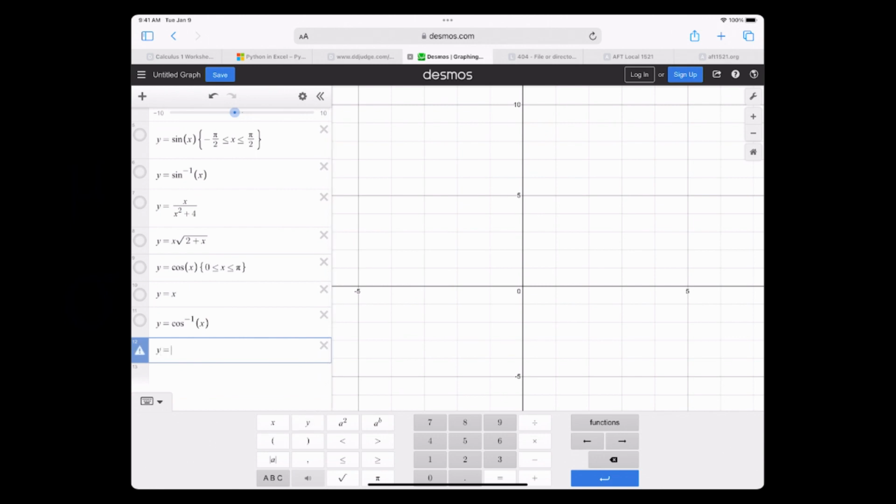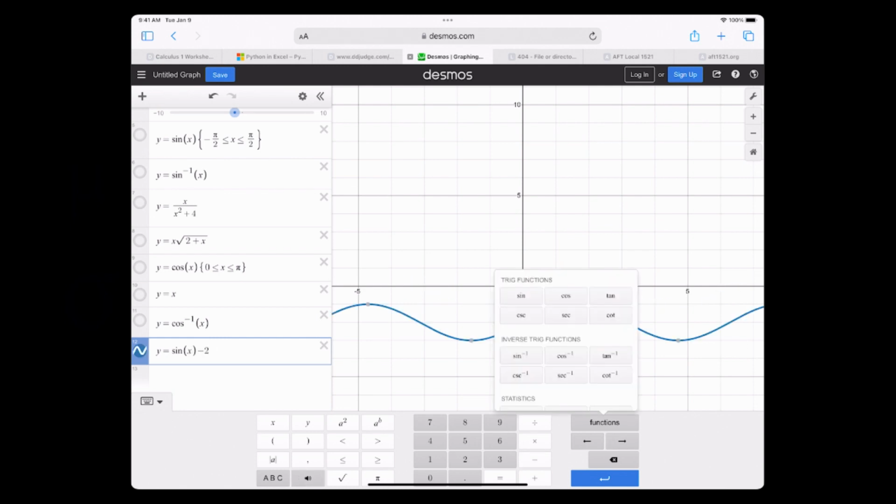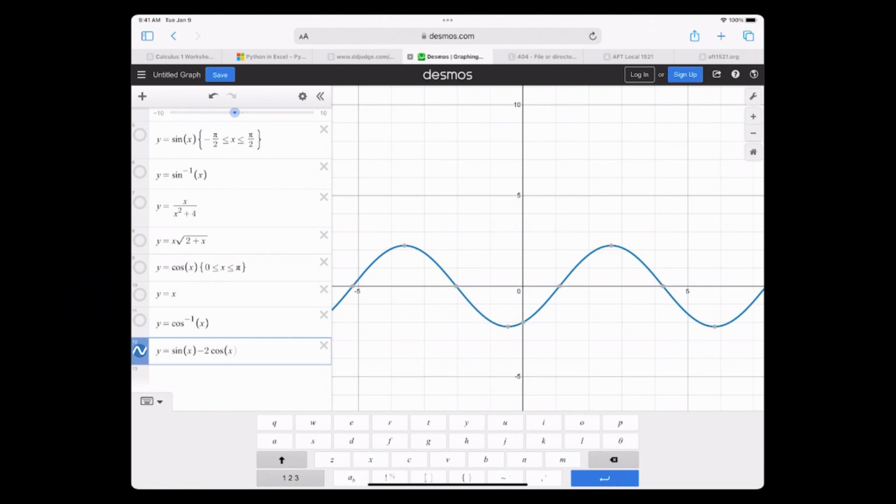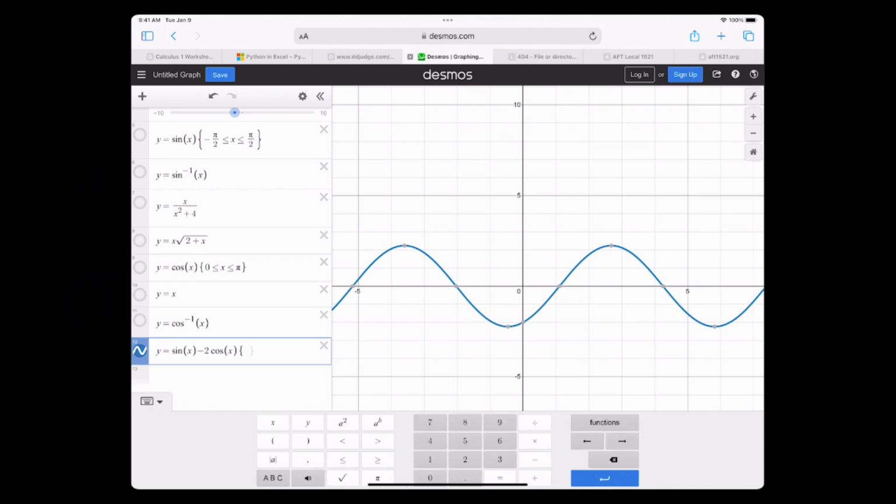Y equals sine minus 2 what? Cosine. And the domain was from 0 to what? 2 pi. Because, ladies and gentlemen, it's a periodic function. And this is why I restrict the domain.